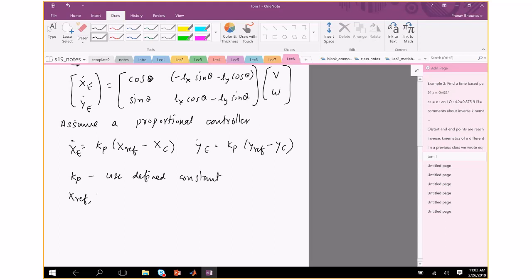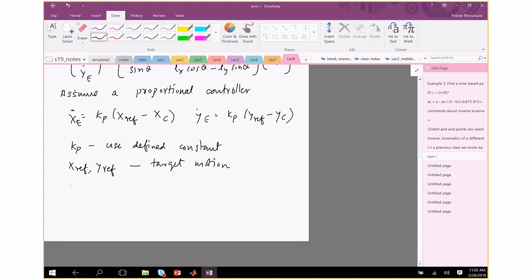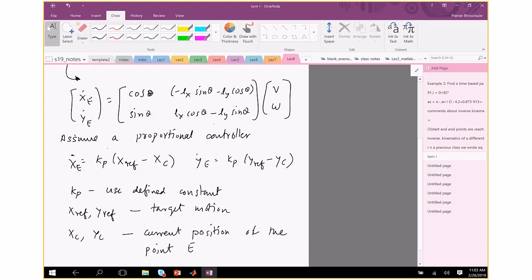x ref, y ref is the target motion. So for example, if you want the car to draw a circle, then it will be the points in the circle. And xc, yc is the current position of the point E. Okay, so what is the current position? Well, initially the car is such that xc, yc is x plus Lx.